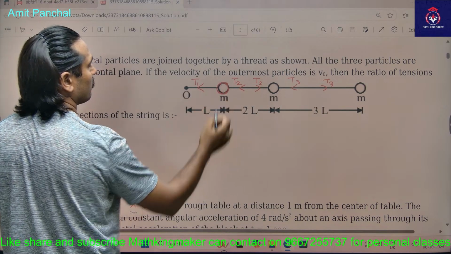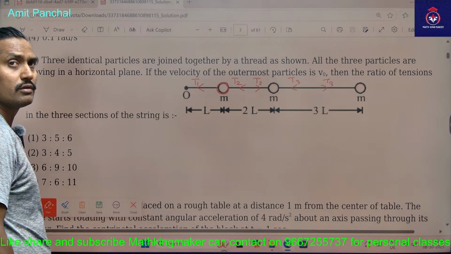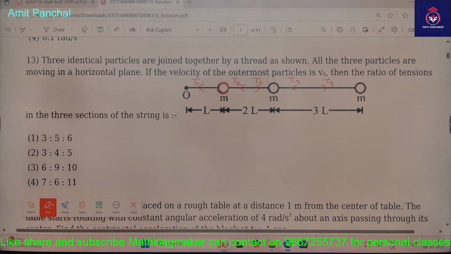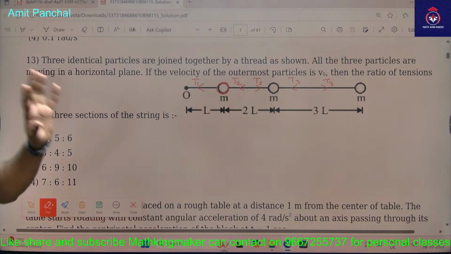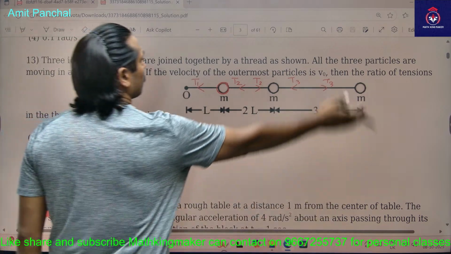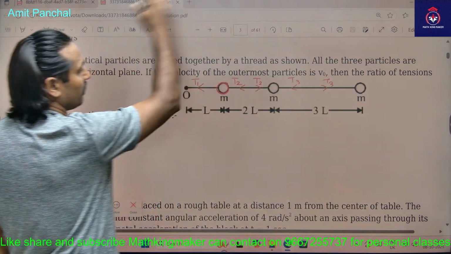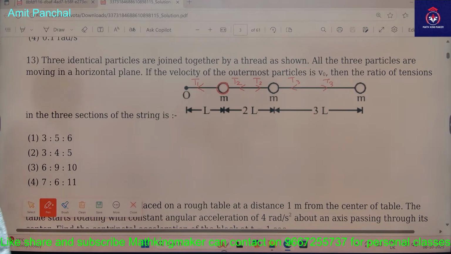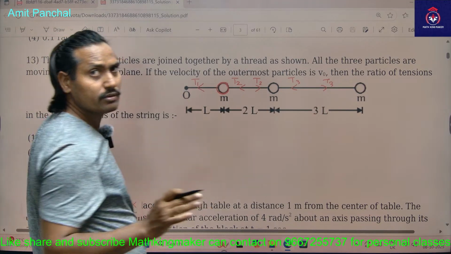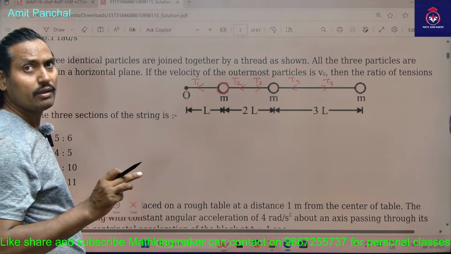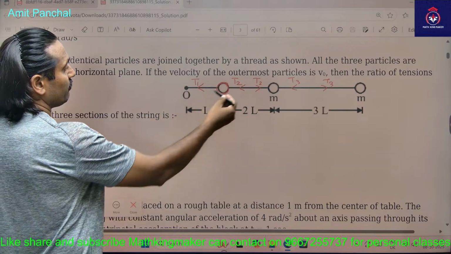It will first experience an external force in the right direction because of the velocity. See, there is only tension and centripetal force. As it is rotating in a circular path, it will have a centripetal force, and centripetal force is always inward.